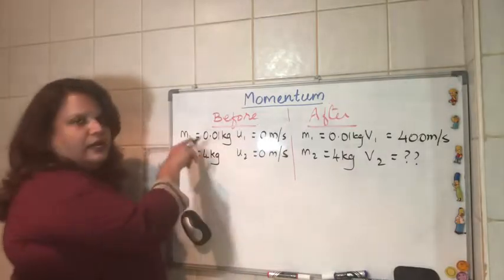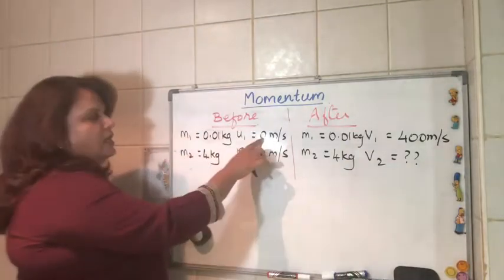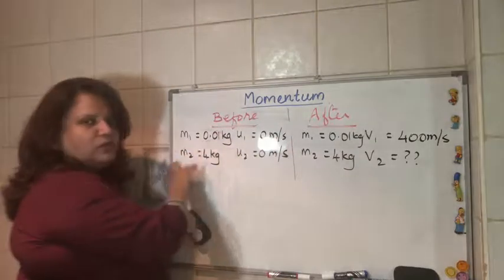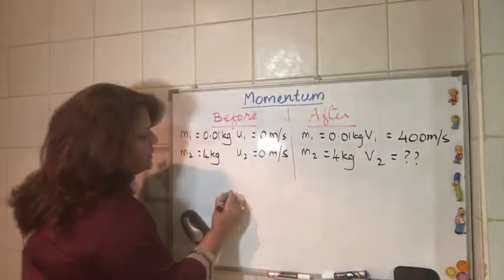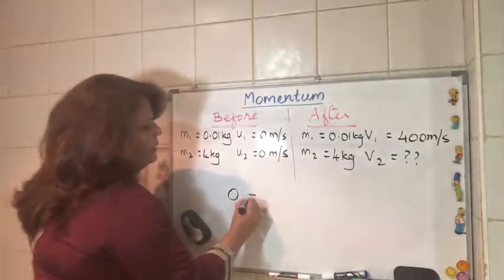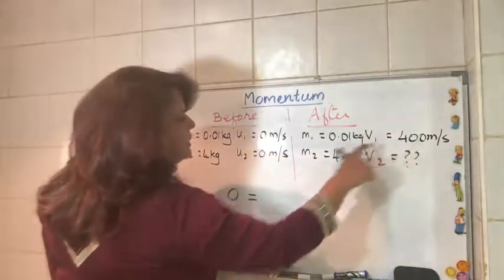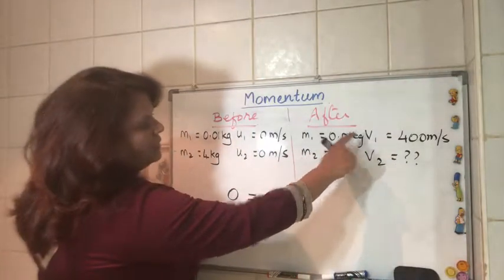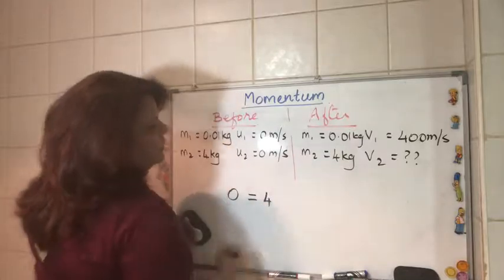After substituting, the entire value will become 0 because m1 u1 is a product of 0, and m2 u2 is also 0. So before collision you have a value of 0 kilogram meters per second. Now that can be equated to this product plus this product. So 400 multiplied by 0.01, you will get 4.